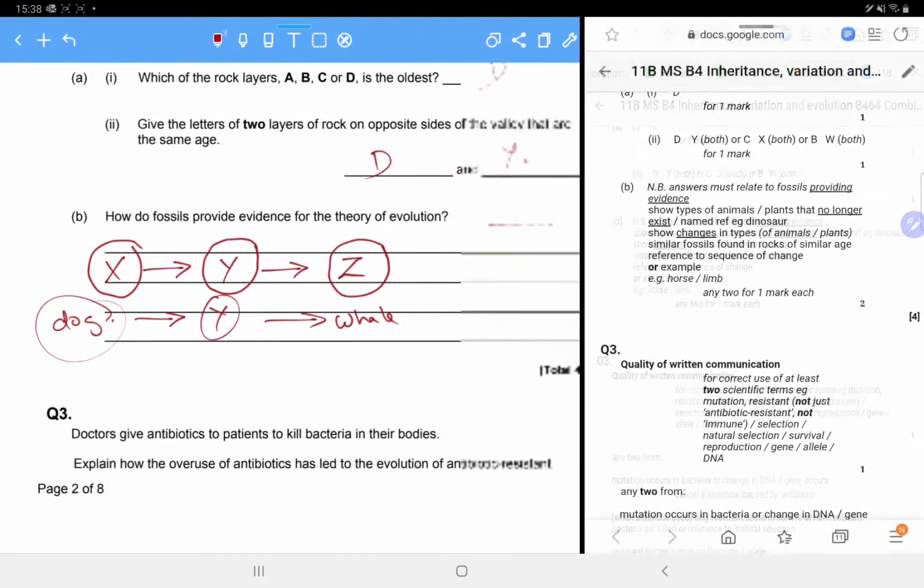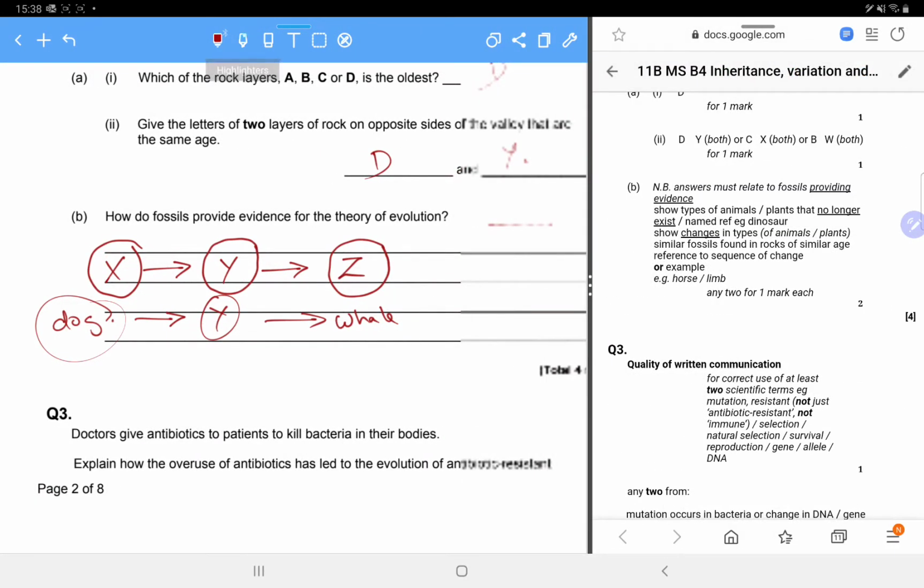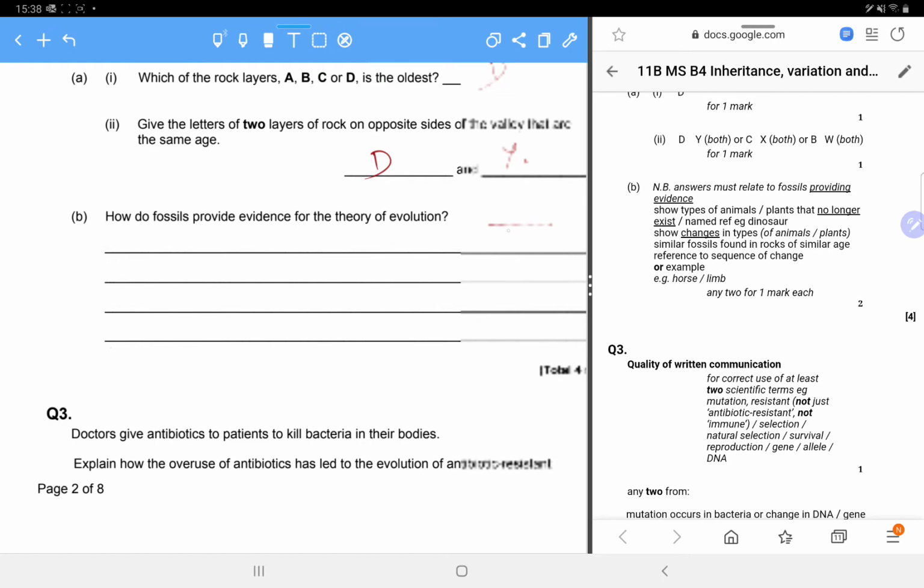Okay, so I have described, I'm going to rub this out, I have described the process of why fossils give evidence. And in my description, I would have got all the marks. But I want us to look here at this mark scheme and really learn from it for any future questions based upon what the mark scheme says rather than my description.